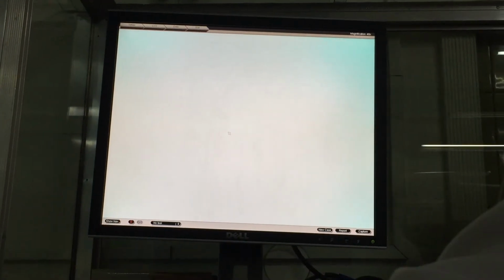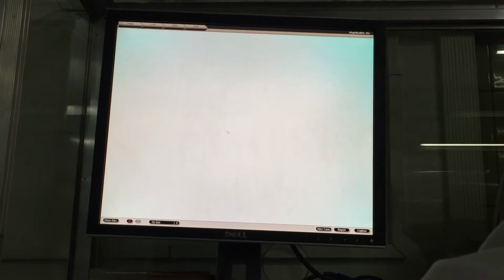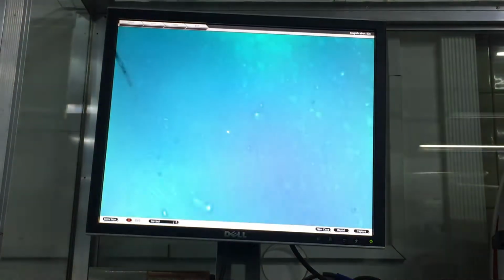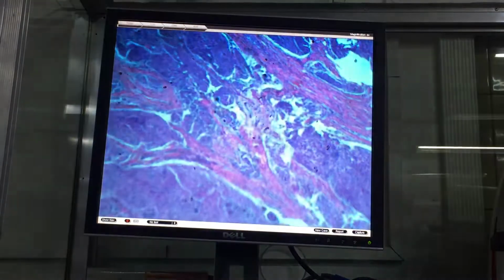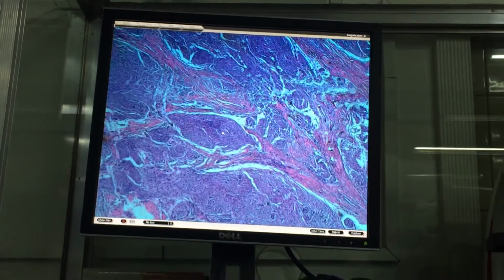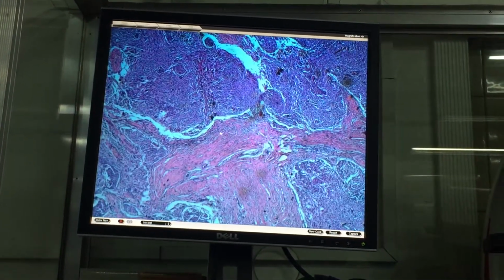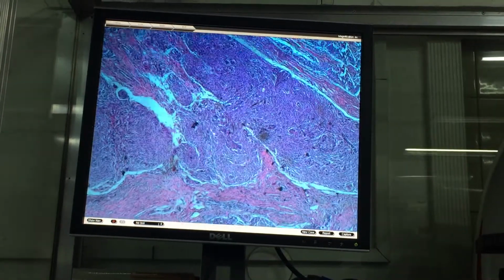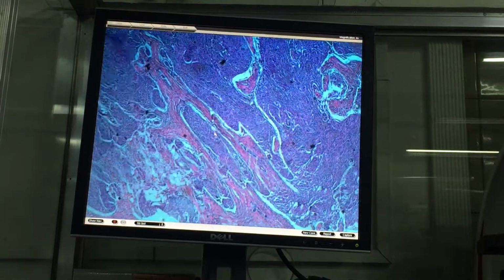That was M1025. Next is M1097. What is this? You have quite only a few slides to remember in head and neck. And this is CNS.